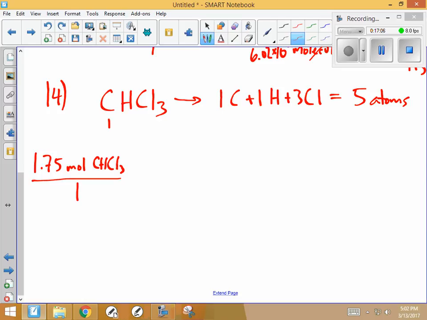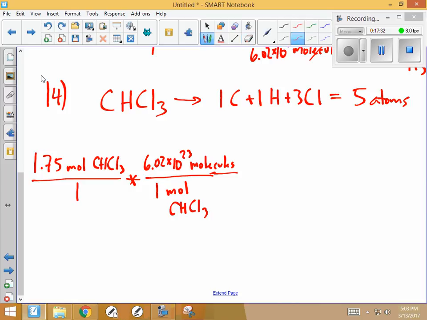And so, coming back down to our calculation, we know that 1 mole of CHCl3 has 6.02 times 10 to the 23rd molecules. Okay, those are the representative particles when we're talking about a covalent compound like CHCl3. So our moles are going to cancel.